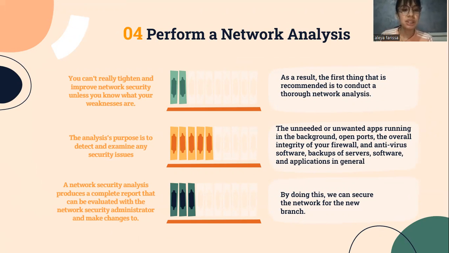The analysis purpose is to detect and examine any security issue, the unneeded or unwanted apps running in the background, open ports, the overall integrity of your firewall and antivirus, and software backup of server software and applications in general. Lastly, the network security analysis produces a complete report that can be evaluated with the network security administrator and make changes to. By doing this, we can secure the network for the new branch. Next slide.